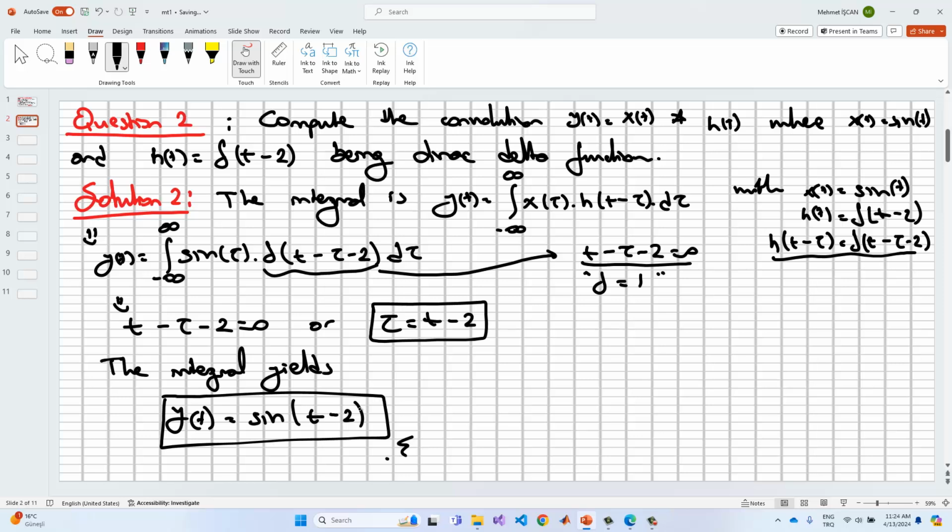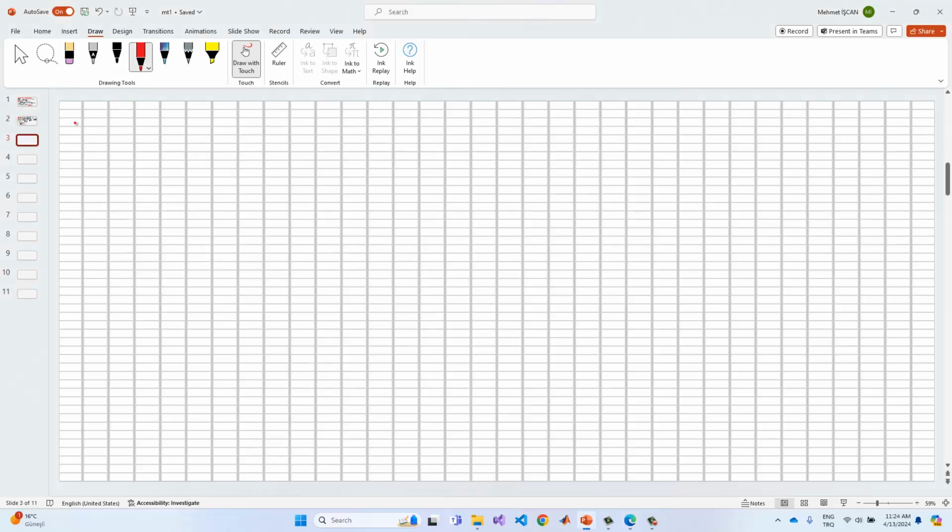We don't need to compute the total integral, just compute the tau value in this case. This is important. In the third question, we should solve the system or system dynamic equation.